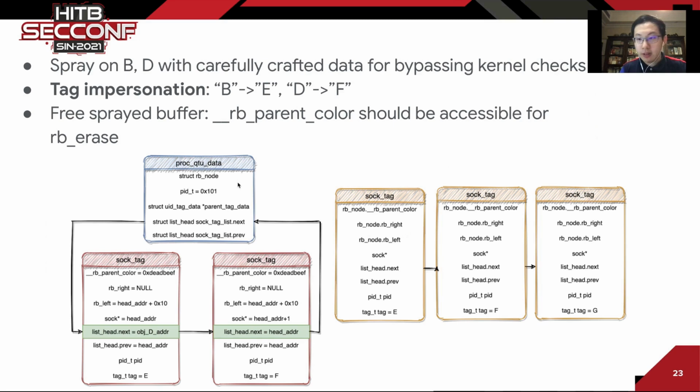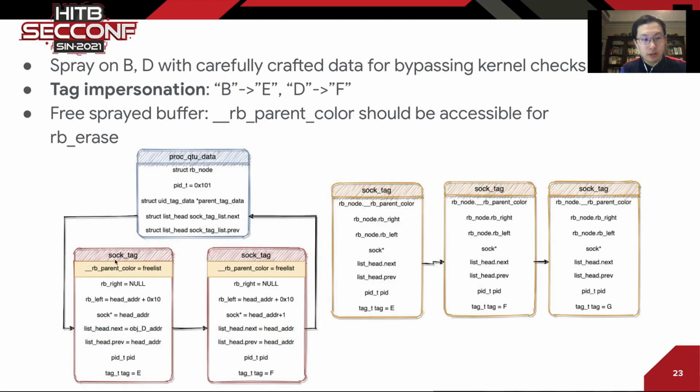We will also have to free these two corrupted objects because the first 8 bytes of the object must be a valid address. Otherwise, the RB erase operation might fail. In this way, we may free the corrupted socket tag structure without triggering any kernel checks. We will later use this primitive for performing a special kernel double free.